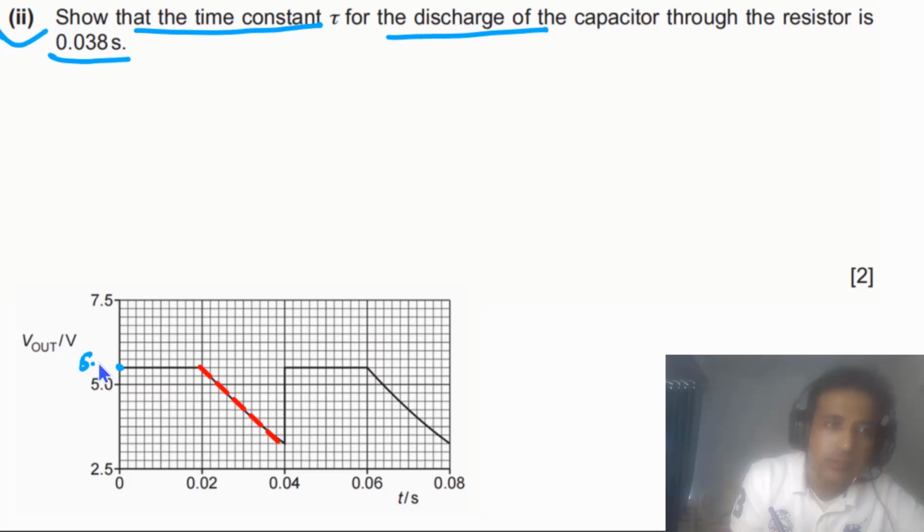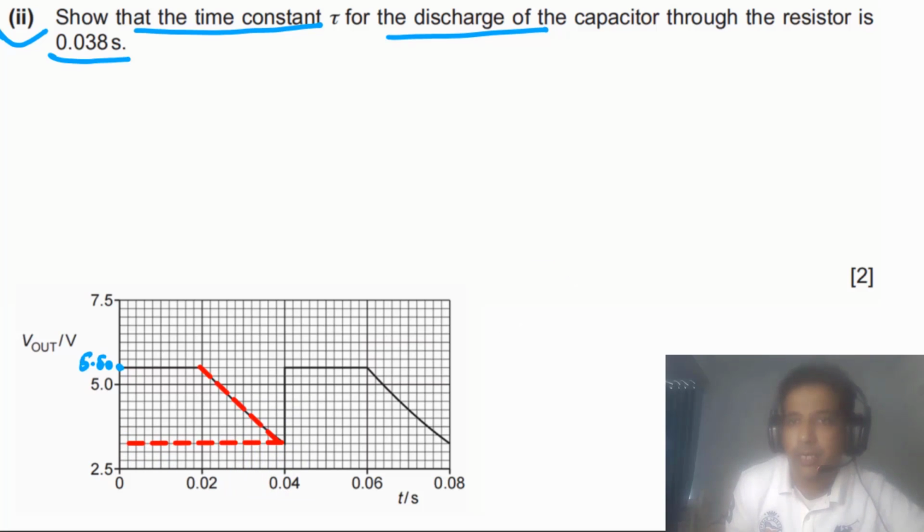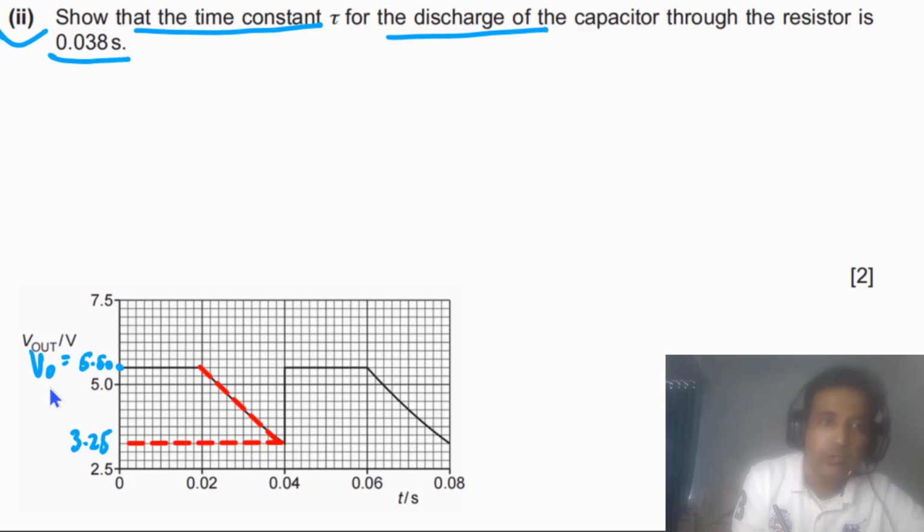This PD is 5.50. Then we can also draw another line here and read from the y-axis, and this one is 3.25. So we have the value of V naught and the value of V. And we can also read the discharging time from here. Discharging time is equal to 0.02 second.